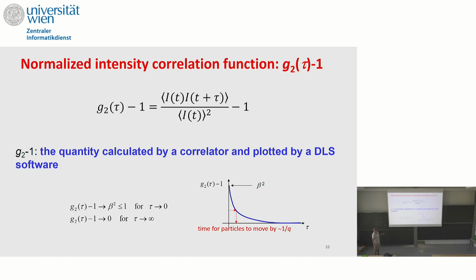So this G2 minus 1 is the thing that everybody doing light scattering will tell you about. My G2 minus 1 is that. All the time we'll see this G2 minus 1. It is just this normalized time autocorrelation function, and the characteristic decay time, once again, is the time it takes particles to move over a distance of order 1 over q.